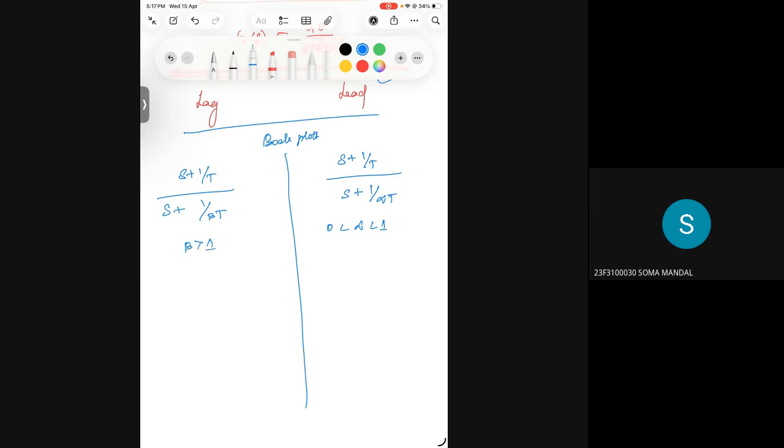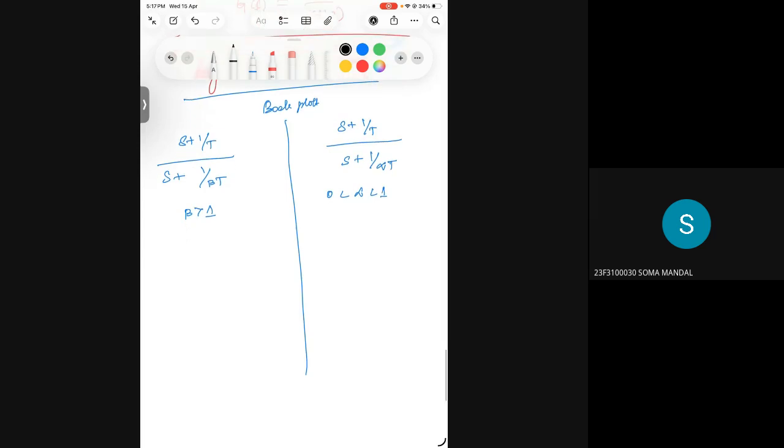I forgot to compare one more thing last session. If you plot your poles and zeros, you would see a zero at minus 1 by T, and somewhere here your pole at minus 1 by αT.